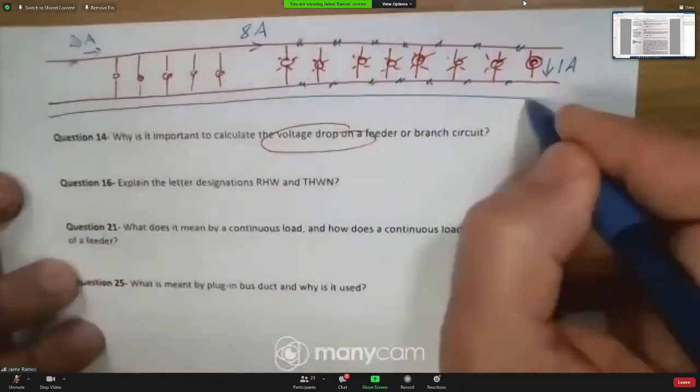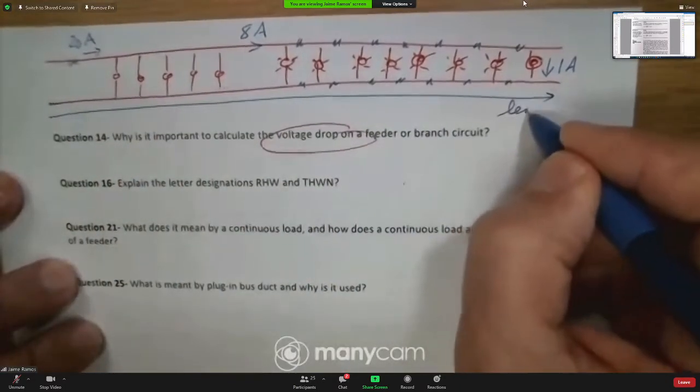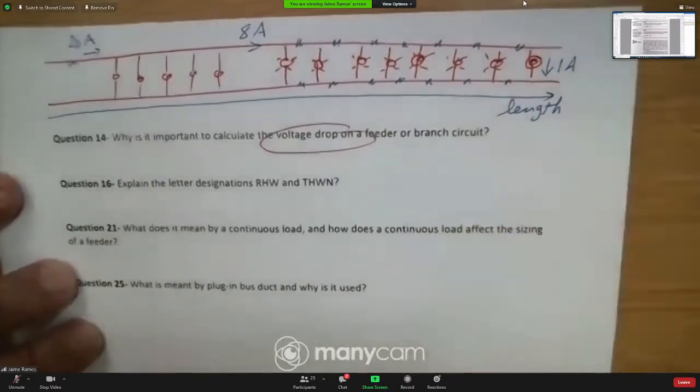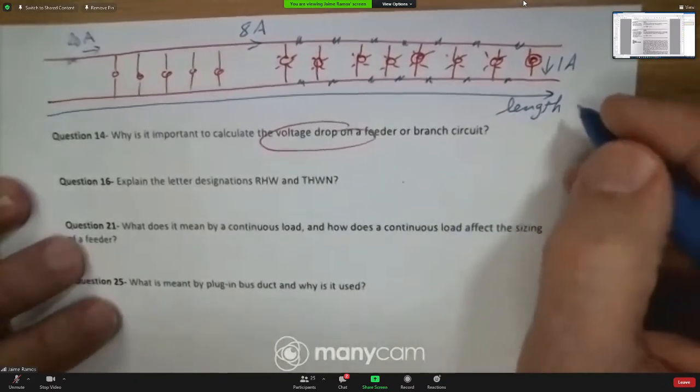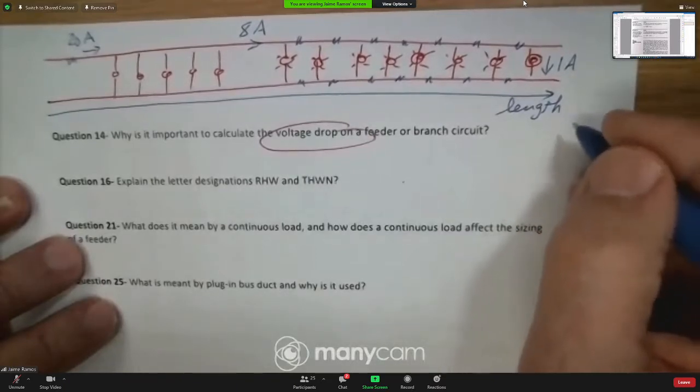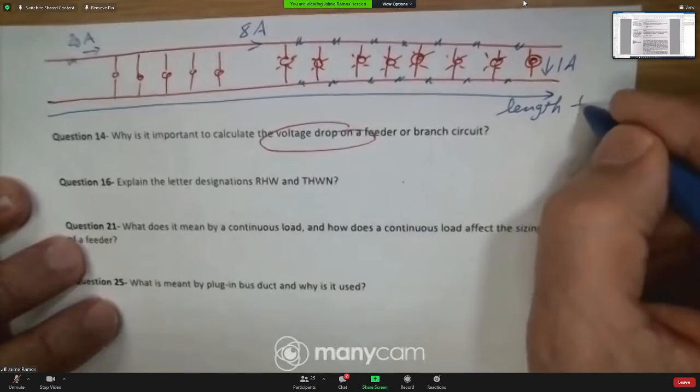So now put the length here. Let's say, well, they can be long. Let's put half a mile.